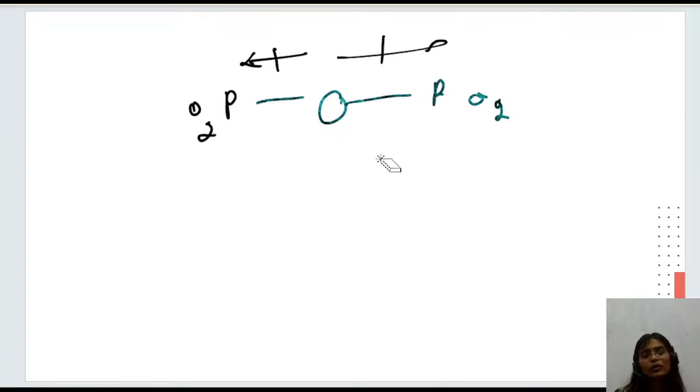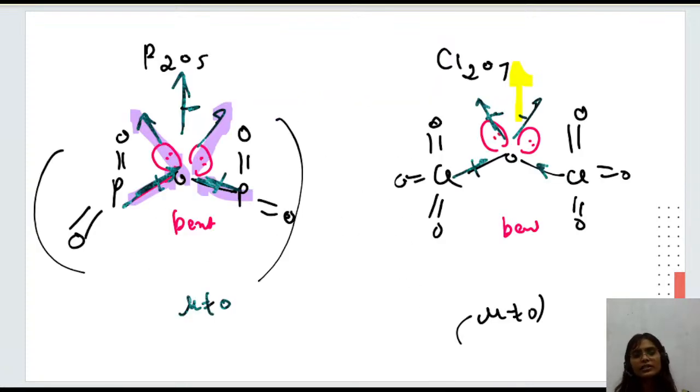But still no. Between this and this the bent structure has to be there, so it can't be zero. If you have to go with the option, I'm explaining how you can say the answer you are referring to is correct. So the electronegativity difference of course has to be there.